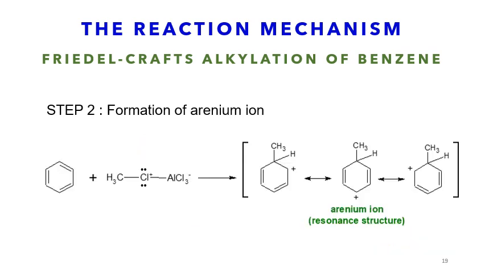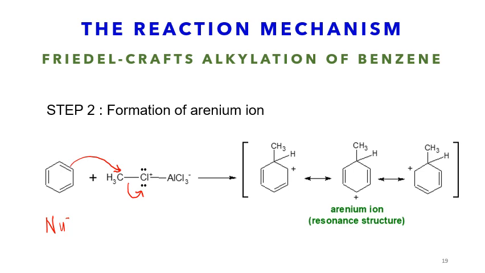The second step is to show the formation of arenium ion. Since in this reaction, the benzene ring is the electron-rich species, which is the nucleophile, the pi electron of the benzene ring will attack the methyl group of the electrophile and break the bond between the methyl and the chlorine atom. From this reaction, the arenium ion is formed. The arenium ion consists of a carbon with positive charge.